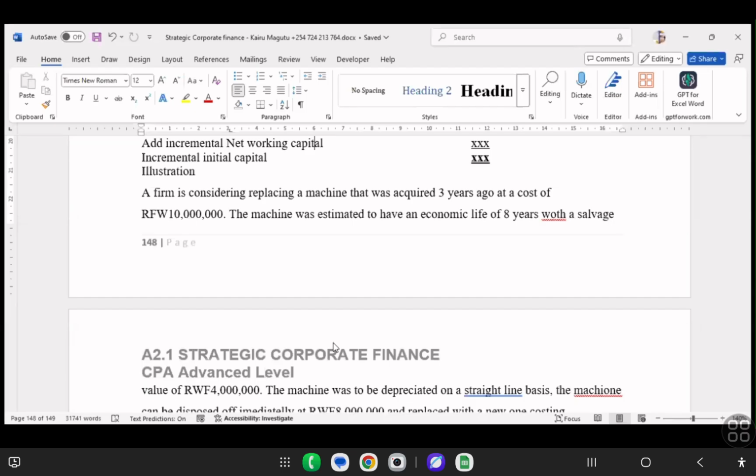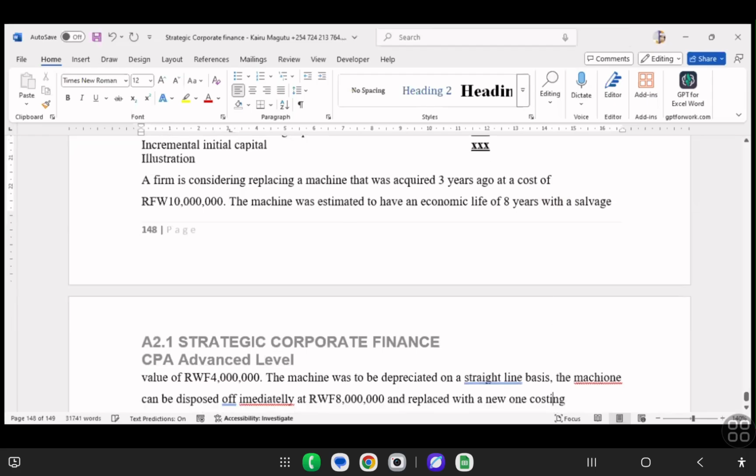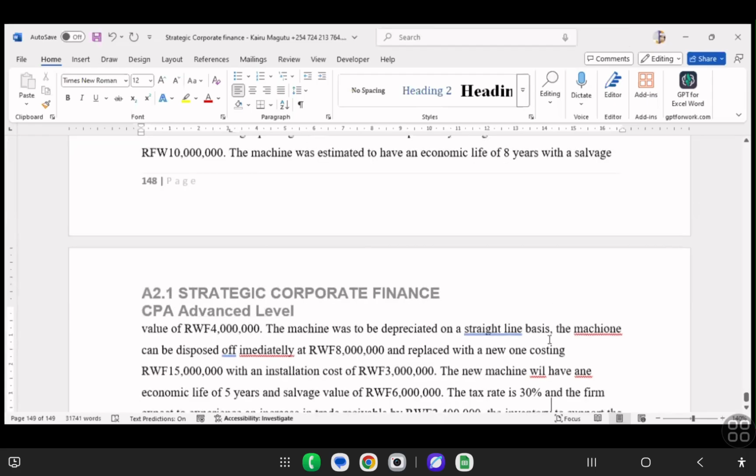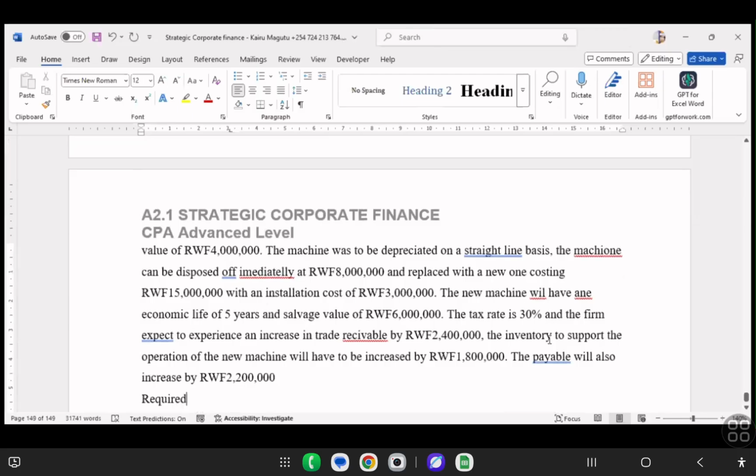The machine was estimated to have an economic life of 8 years with a salvage value of 4 million Rwandan francs. The machine was to be depreciated on a straight line basis. The machine can be disposed of immediately at Rwandan francs 8 million.